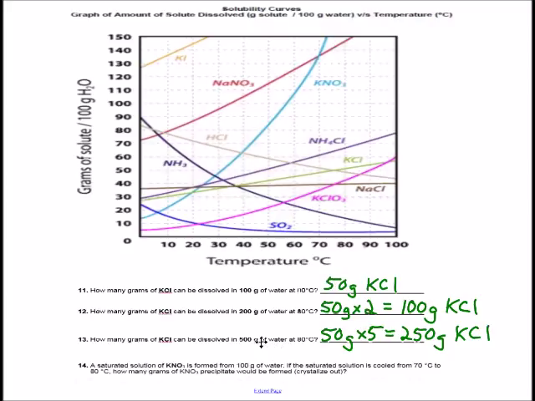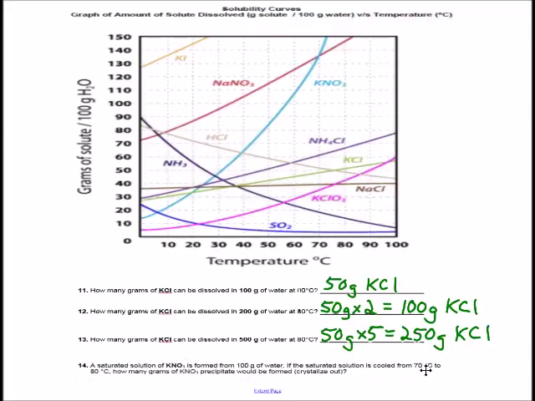Okay, for question 14, a saturated solution of potassium nitrate is formed from 100 grams of water. If the saturated solution is cooled from 70 degrees Celsius to 50 degrees Celsius, how many grams of potassium nitrate precipitate would be formed, meaning how many crystals would fall into the bottom of the solution?